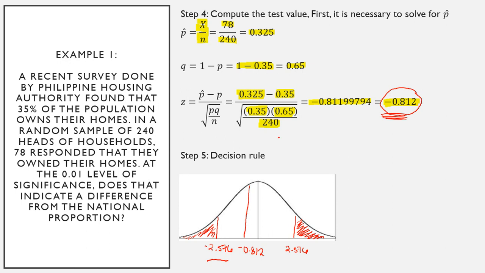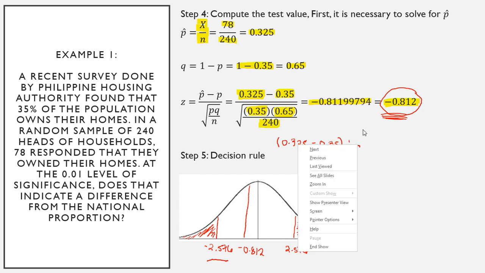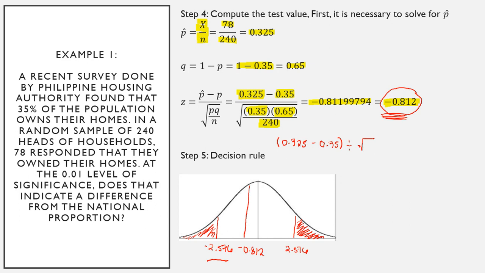Open parentheses, 0.325 minus 0.35 and then close it, so that the calculator solves the numerator first and then divides by the denominator. So divide, then the square root. Press the square root, and then put a parenthesis, 1, and then 2.